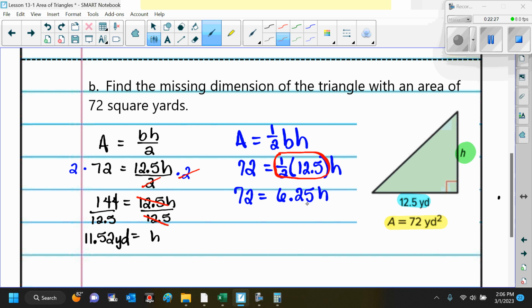Now, this says 6.25 times H. So in order for us to get the H by itself, we're going to divide by 6.25. And we will divide by 6.25 on both sides. So here, those 6.25's cancel. And now H is by itself over here.